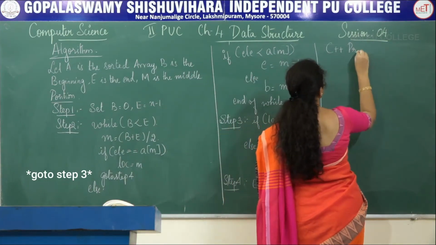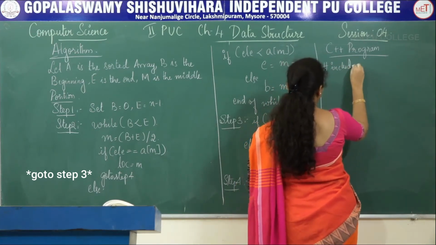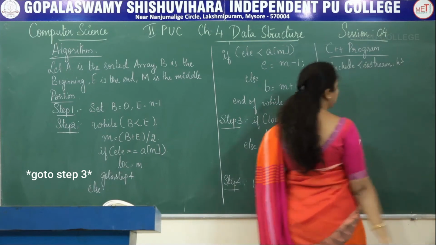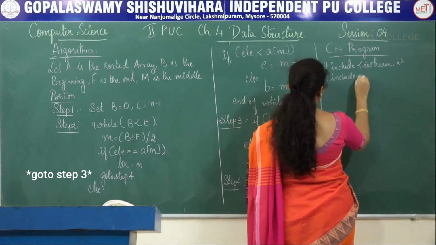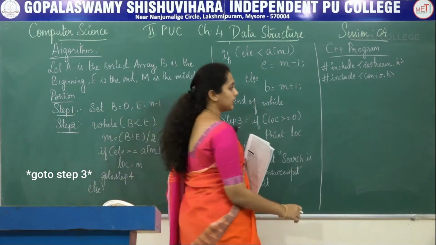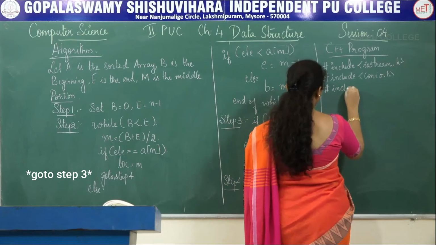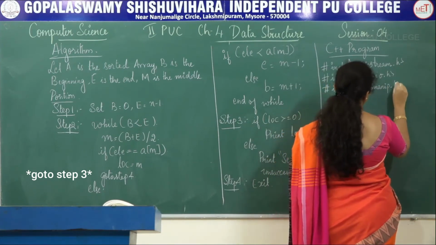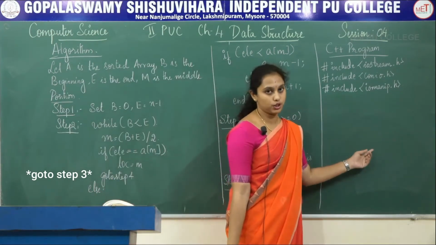C++ program. #include iostream.h contains C++ streams and IO routines. #include conio.h contains functions for console input output. #include iomanip.h is used for creating parameterized manipulations, that is for the usage of setw or endl in the function.